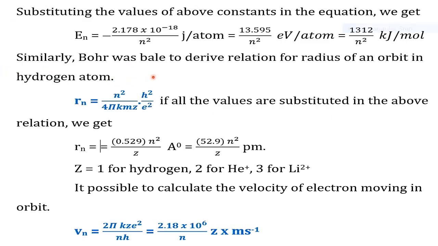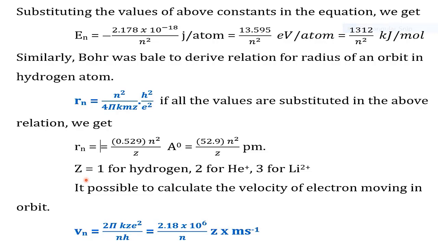Similarly, Bohr was able to derive the relation for the radius of an orbit in a hydrogen atom. Radius of the nth orbit, Rn = n² h² / (4π² k m Z e²). If all the values are substituted in the above relation, we get Rn = 0.529 n²/Z angstrom units, which is equal to 52.9 n²/Z picometer.